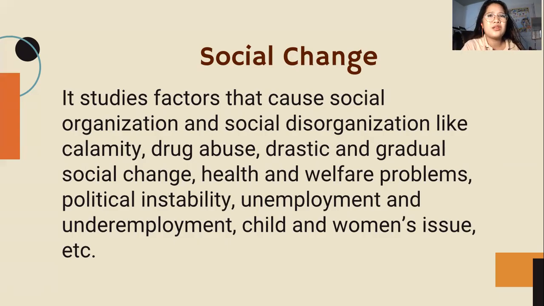Okay? So we could consider the pandemic as one agent of social change as everything became different, totally different for us. And hopefully after everything has happened, babalik din sa normal.